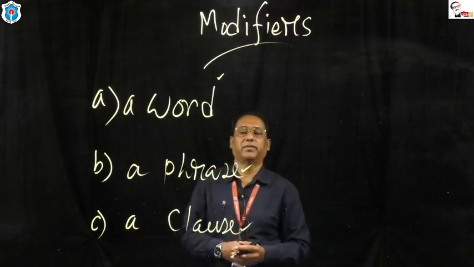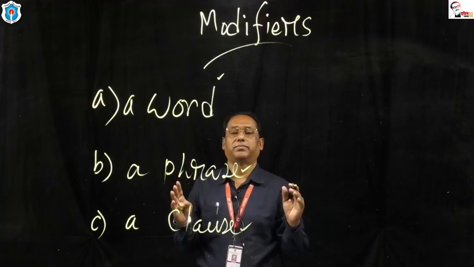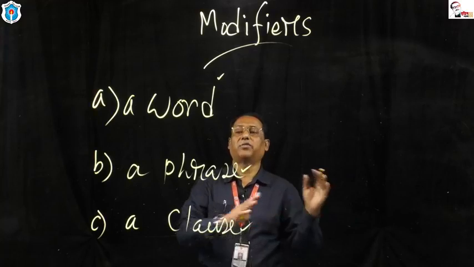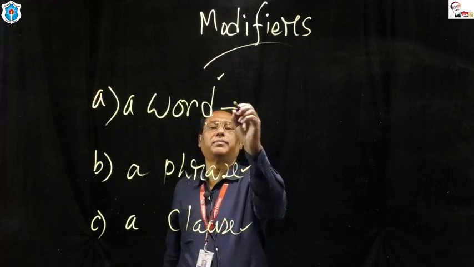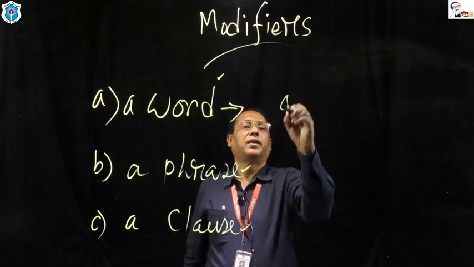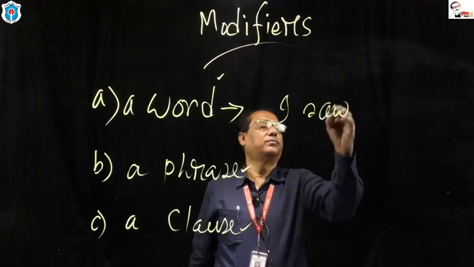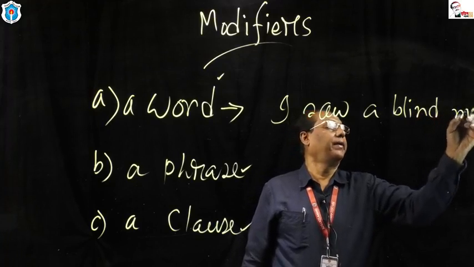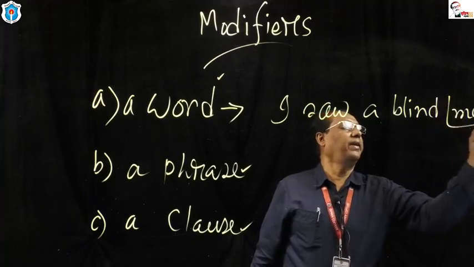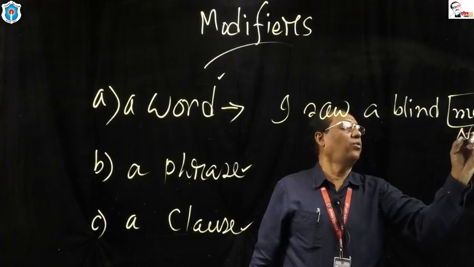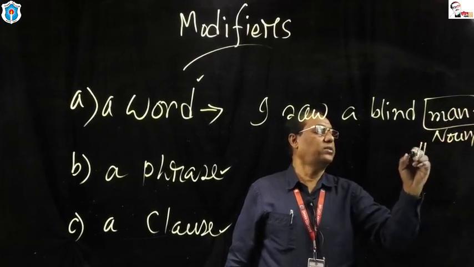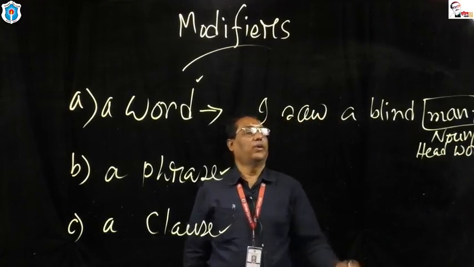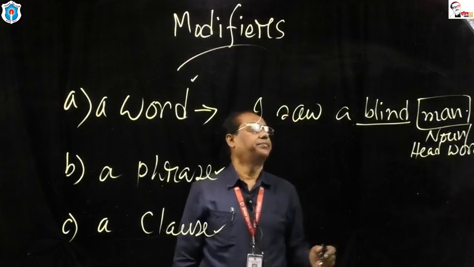Now, second question, where is it used? It is used either before or after another word or phrase. For example, I saw a blind man. Look, man is a noun. I say head word. Now there is another word, blind.